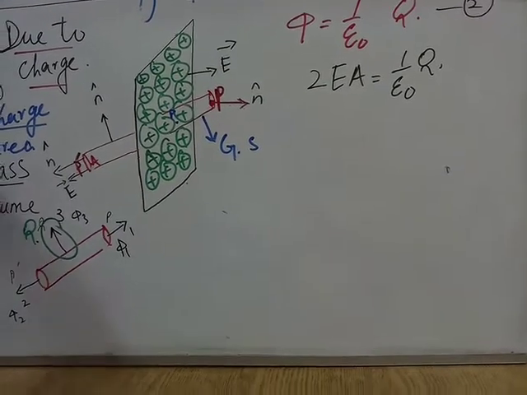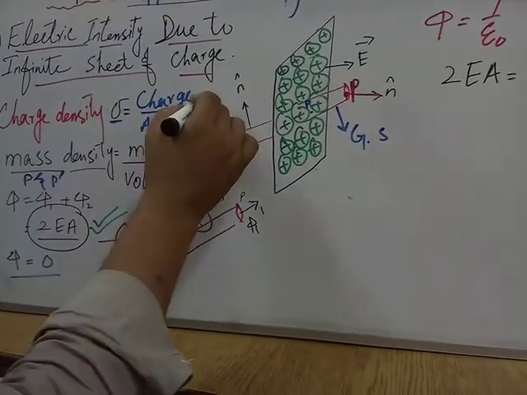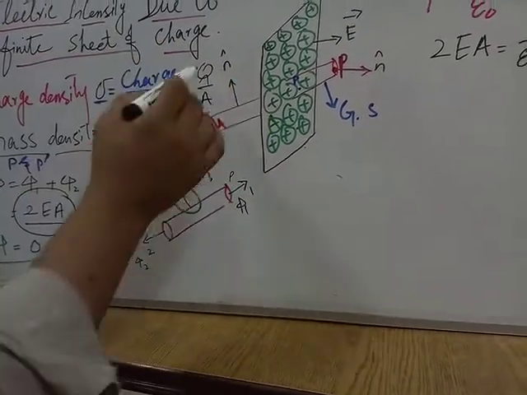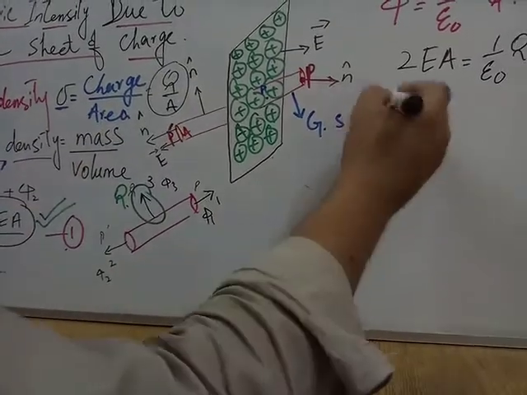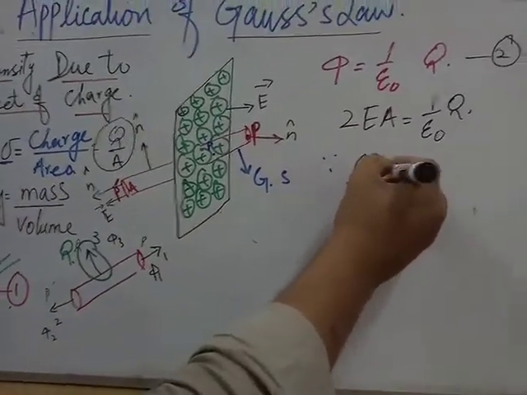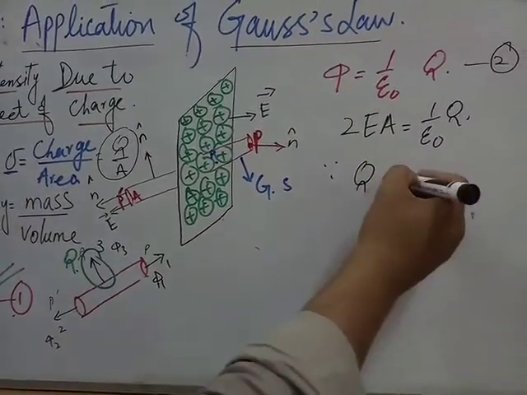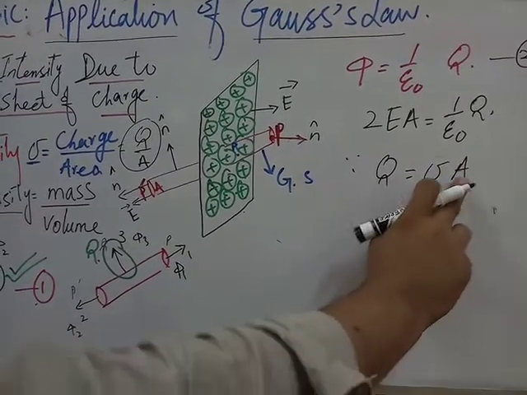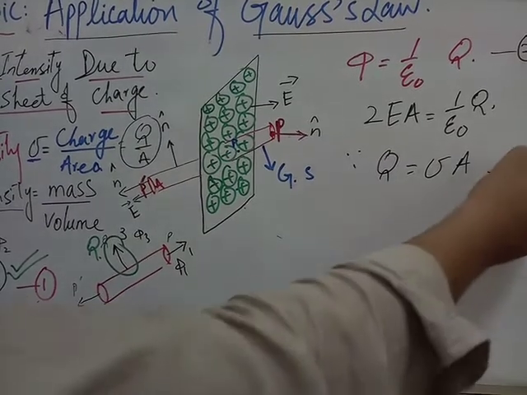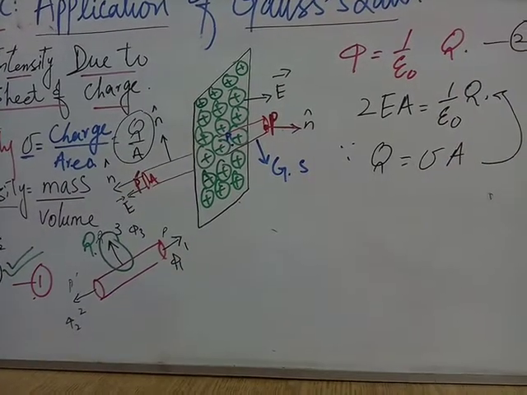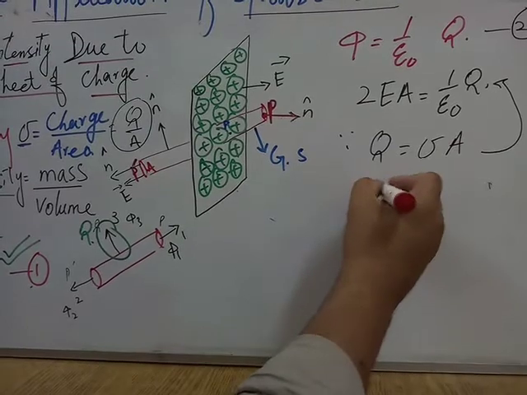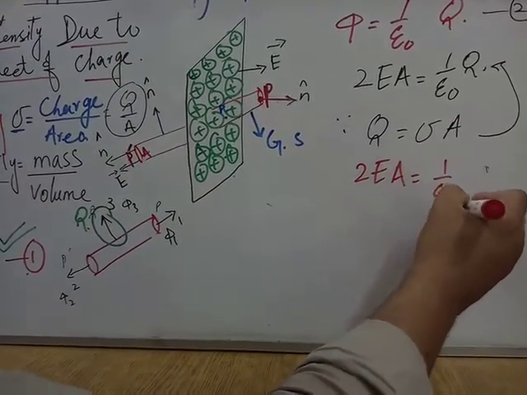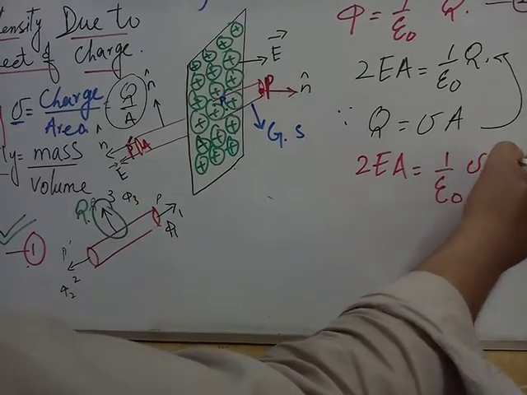By charge density, sigma is equal to Q divided by A. So from here the total charge is equal to sigma A, the charge density times area. So putting this value here, we get 2EA equal to 1 over epsilon naught times sigma A.